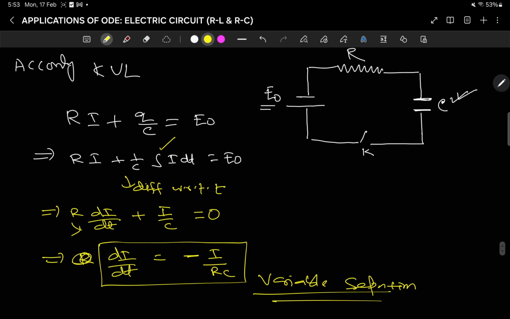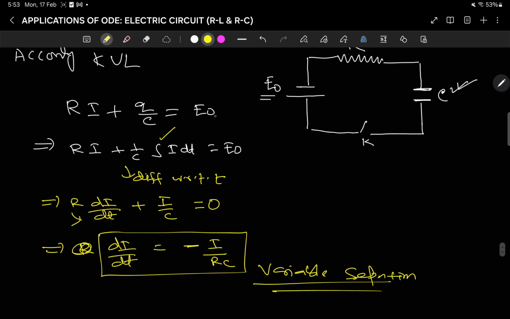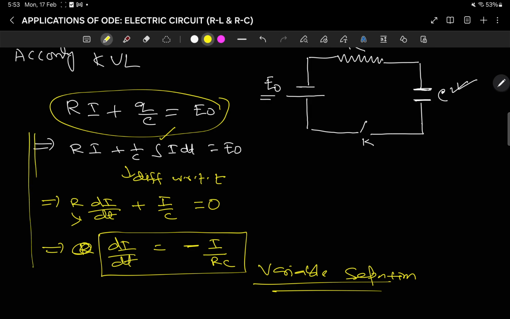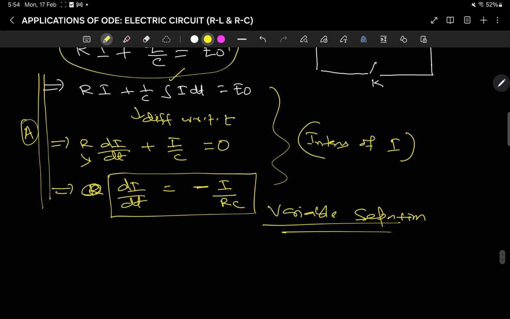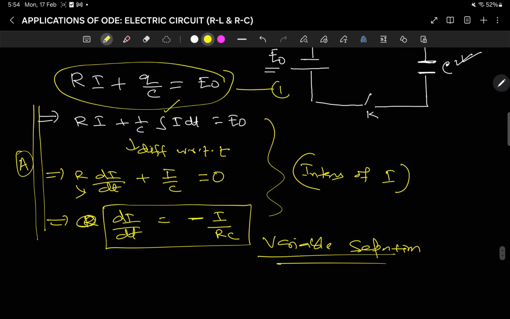Then we solve it by variable separation. Now if we want to keep it in terms of Q only, this is one aspect of solving, in terms of I. Now if you want to solve it in terms of Q, let the previous one be my equation 1.